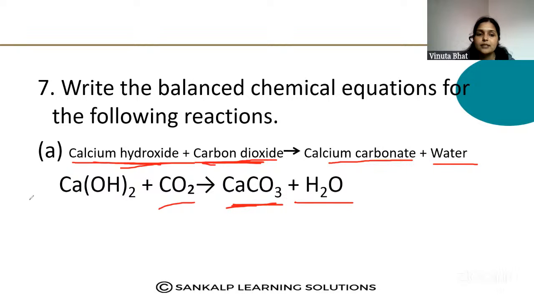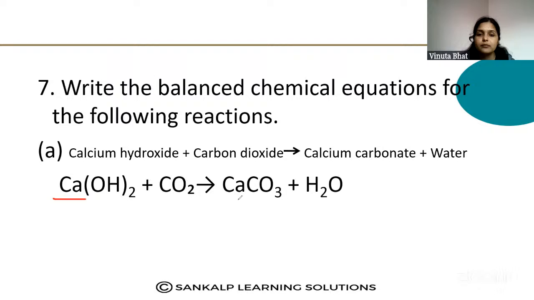Try to balance this reaction. Calcium is the same. Hydrogen is also the same. Oxygen here, 1, 2, 3. Here 3 plus 1, 4 oxygen are there. Carbon is the same. So let us balance the oxygen: 2 plus 2, 4 here, only 3 plus 1.